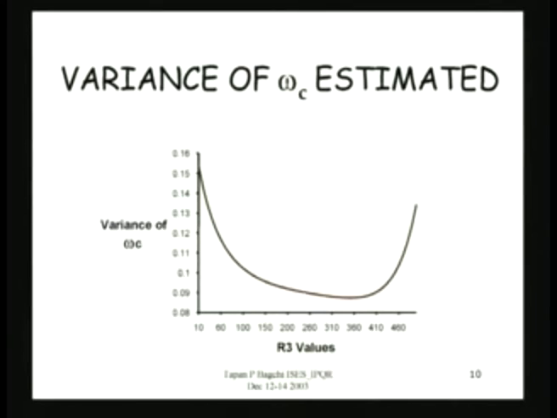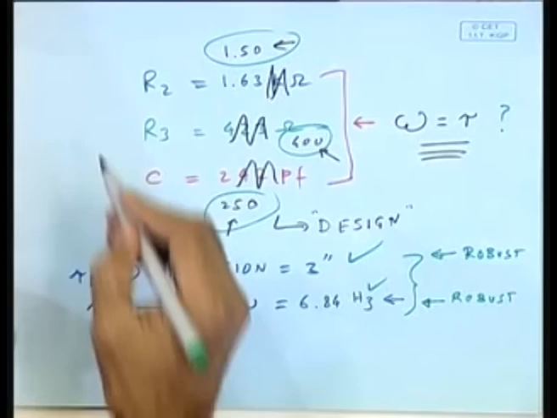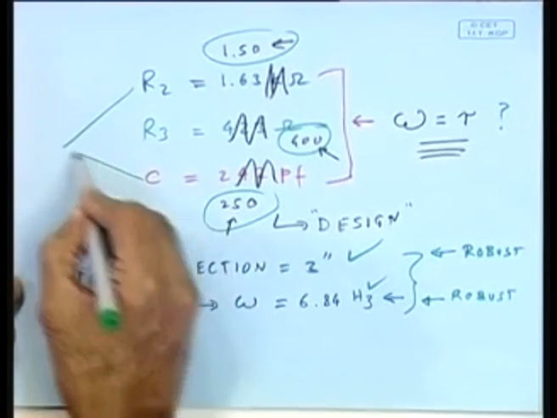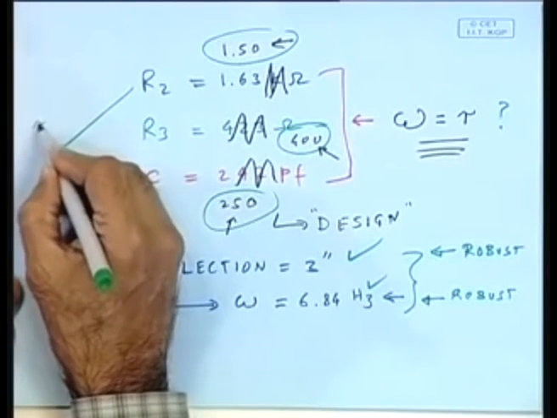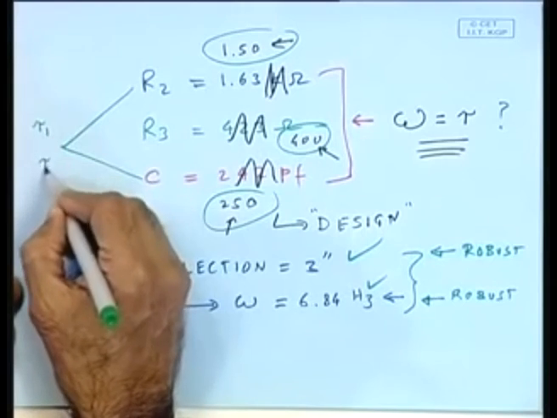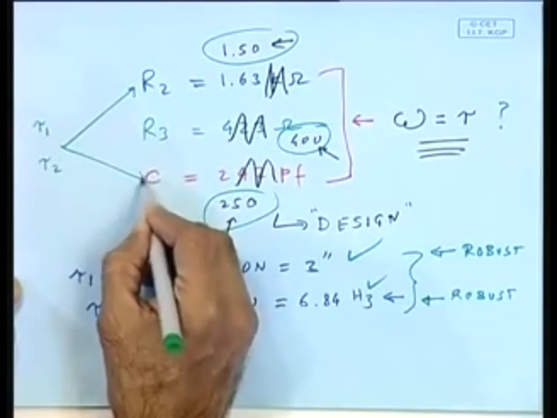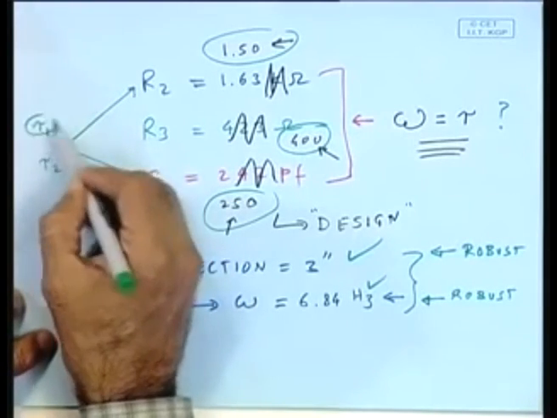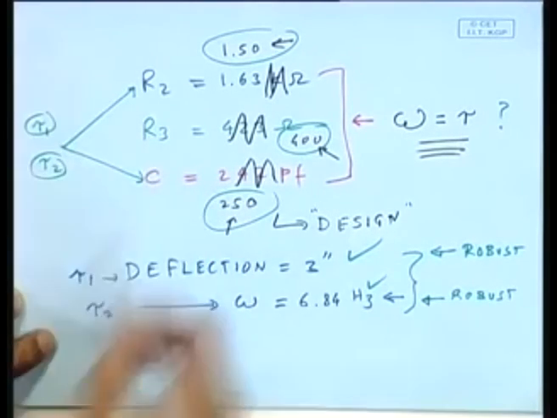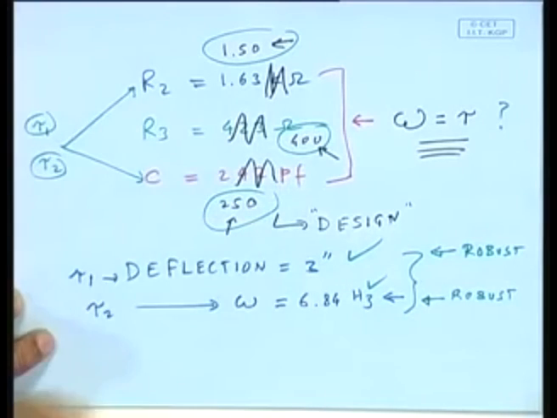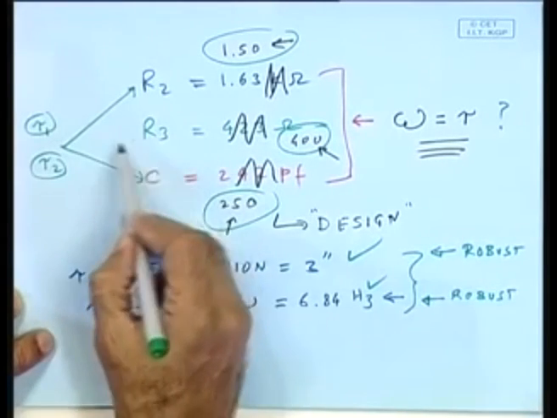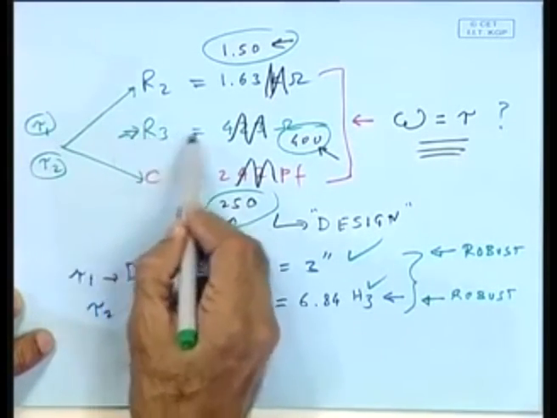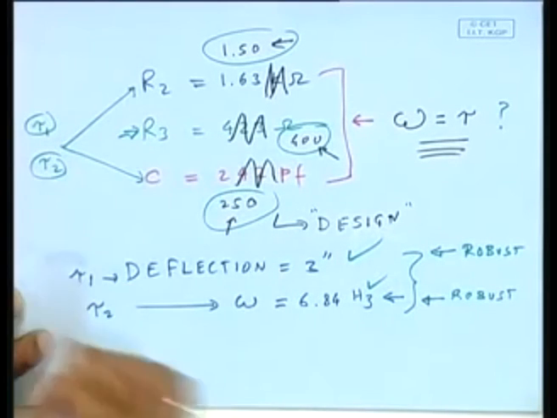And here what we have done, we've chosen R2 and C in such a way that we get the 2 targets, tau 1 and tau 2. Because these are simultaneous equations, I've been able to get this target and that target met by selecting appropriate R2 and C. The one that is left free is this one. This is the one I'm going to be manipulating to try to minimize variance.